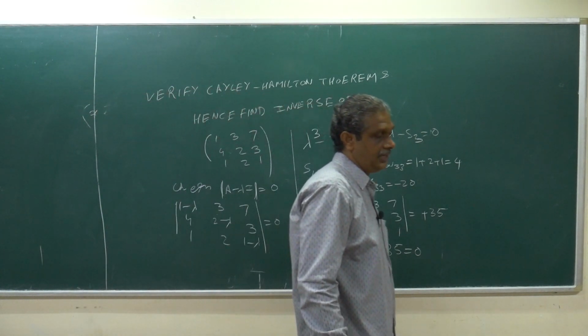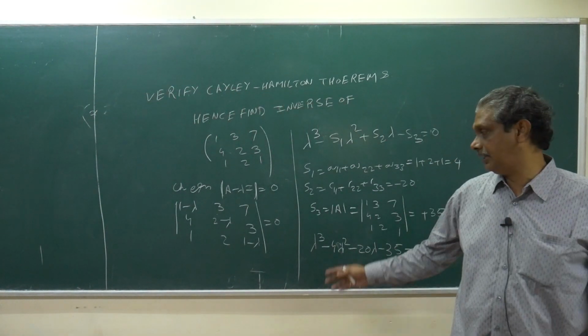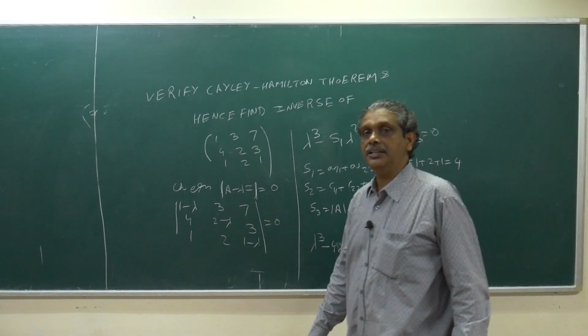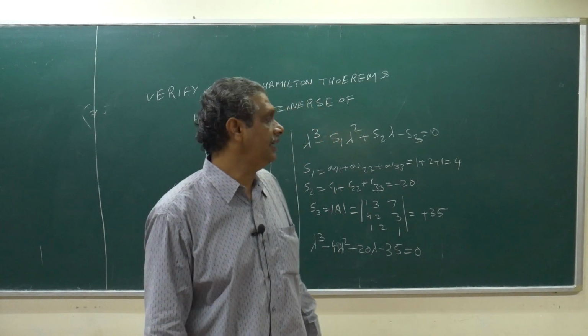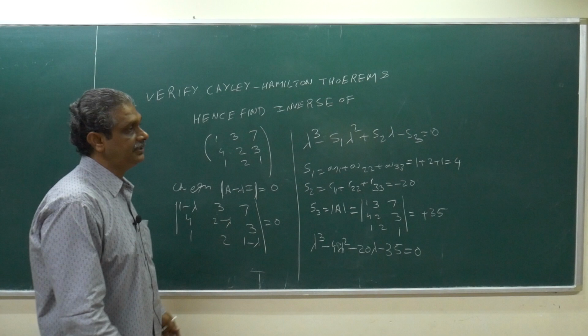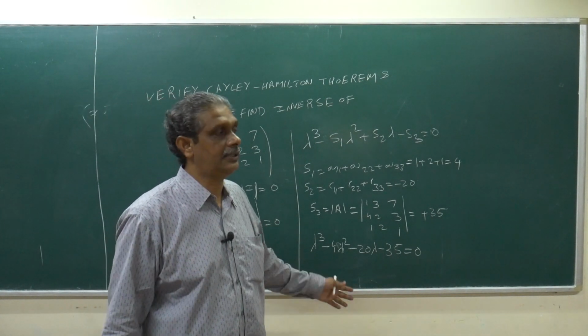Then in the eigenvalues case, you will find eigenvalues and eigenvectors. In this case, what are we doing? Verify the Cayley-Hamilton theorem. By the Cayley-Hamilton theorem, what are they telling? Every square matrix satisfies its own characteristic equation.